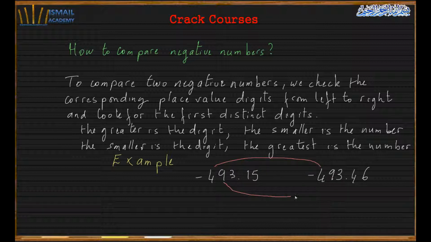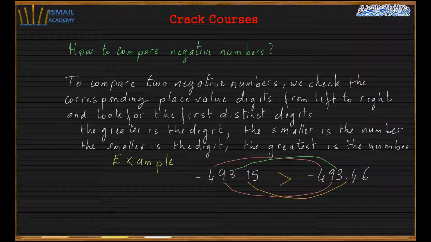The 10 with the 10, the same. Now I move to the ones, they are the same. So I move to the tenths. We have 1 here and 4 here. 1 is smaller than 4. This means that number is bigger.